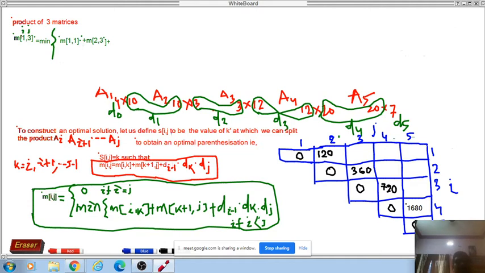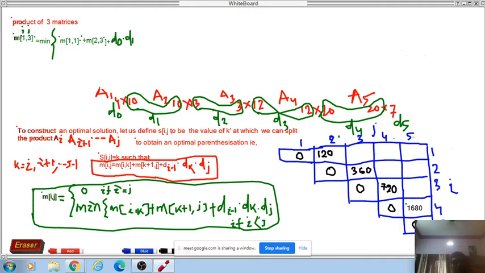Plus, next what am I going to write? Very simple: d of i minus 1, meaning d of, who can say? 0. Okay? Into d of k. What is k? k is 1. So try to understand this formula: d1.